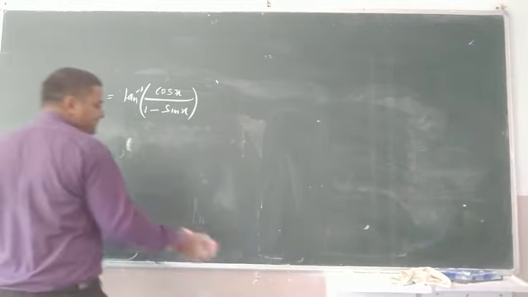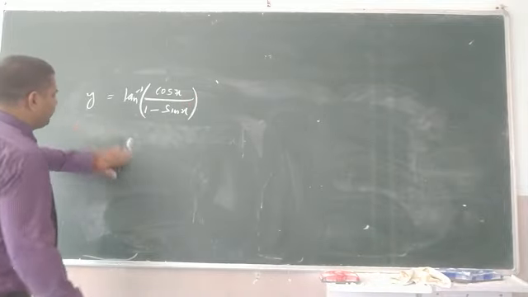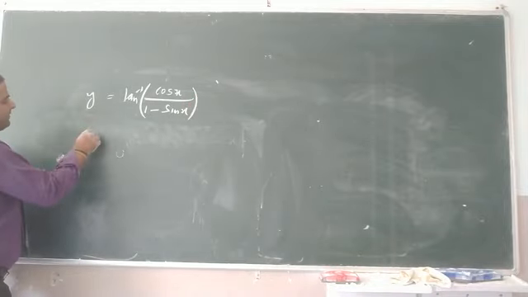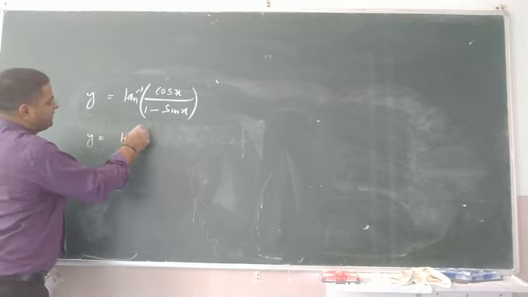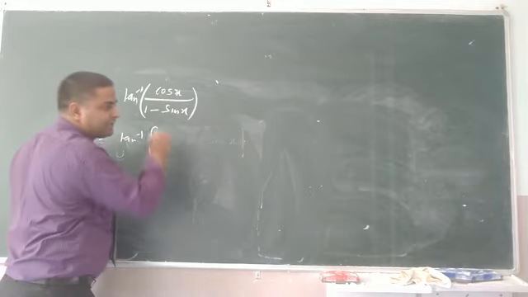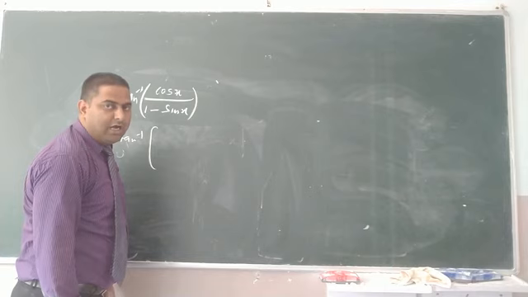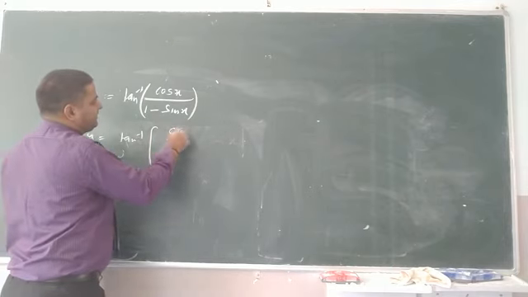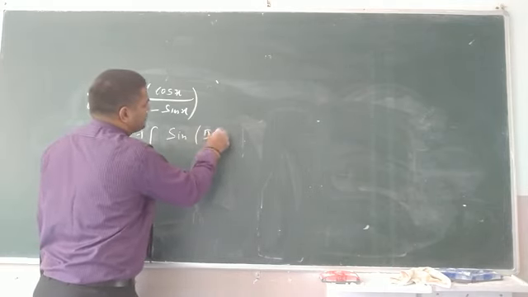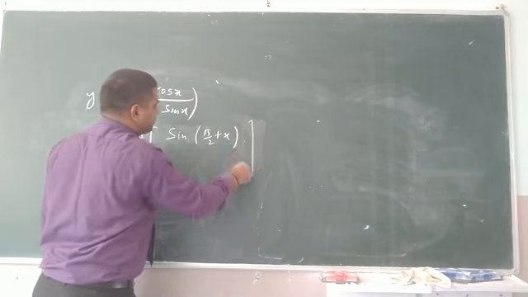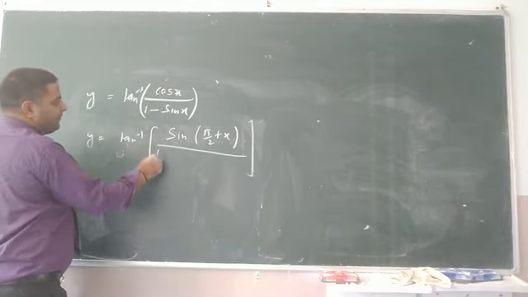Let's solve it by the first simple way, then we will do it another way. First here, y is equal to tan inverse. You change this cos x into sin x. How to change? Sin of pi by 2 plus x is cos x, divided by 1.